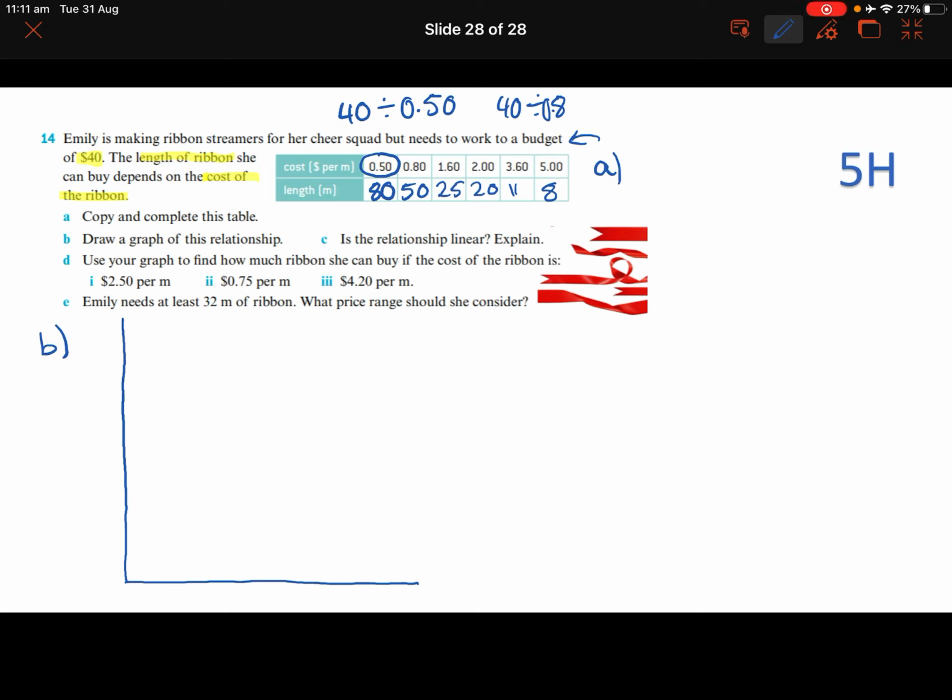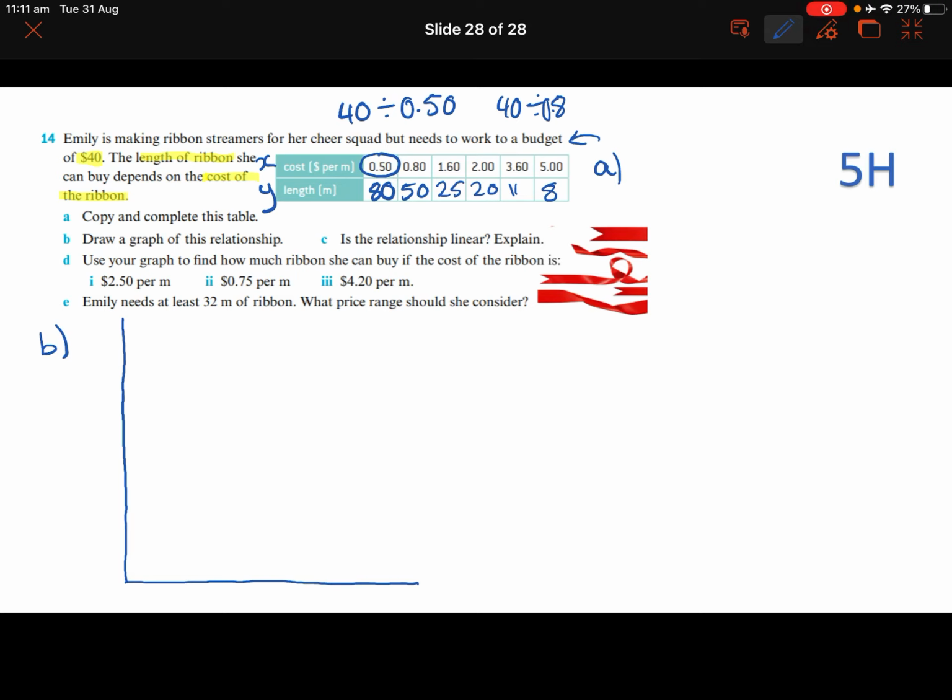Which one goes on the x-axis? Which one goes on the y-axis? Usually when you do your tables, it's always the X on the top and Y down the bottom. It also says in the question, the length of the ribbon she can buy depends on the cost of the ribbon. Because the length depends on it, so it's dependent, the length, the dependent, goes on the vertical axis.